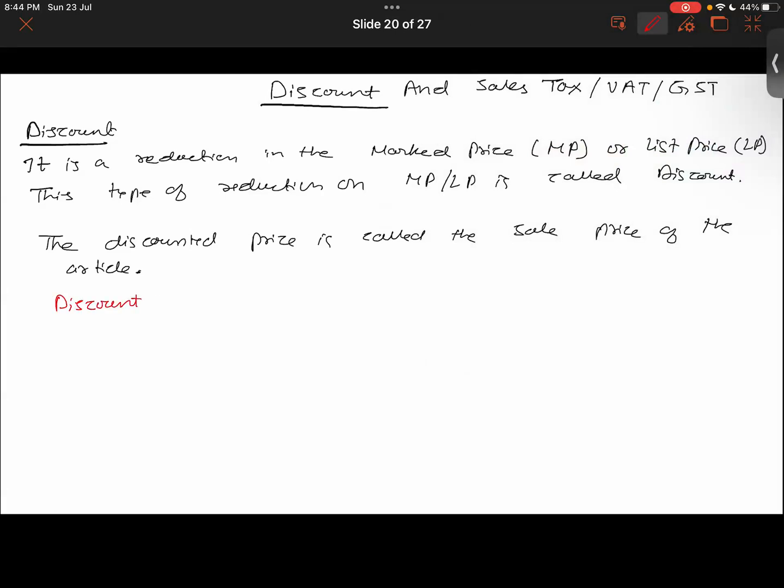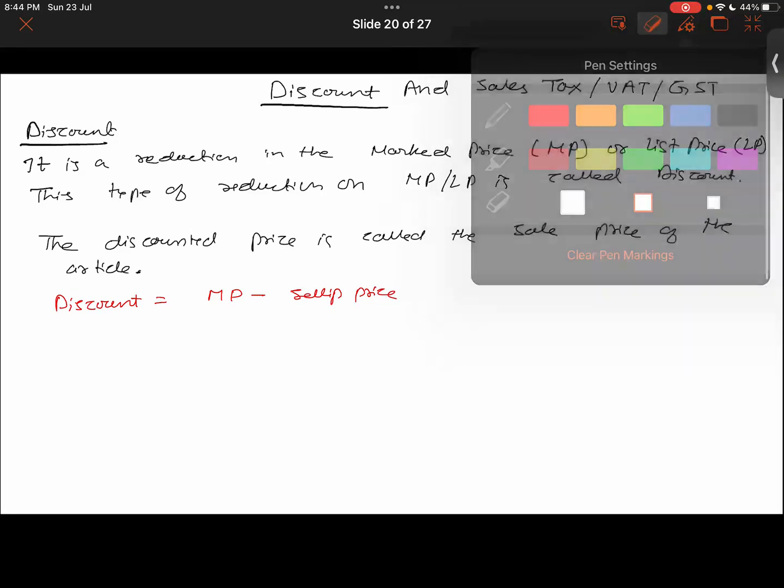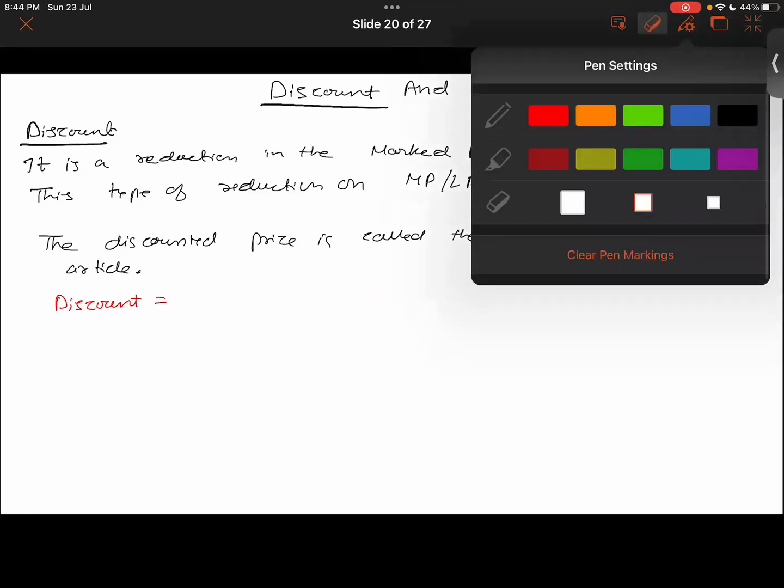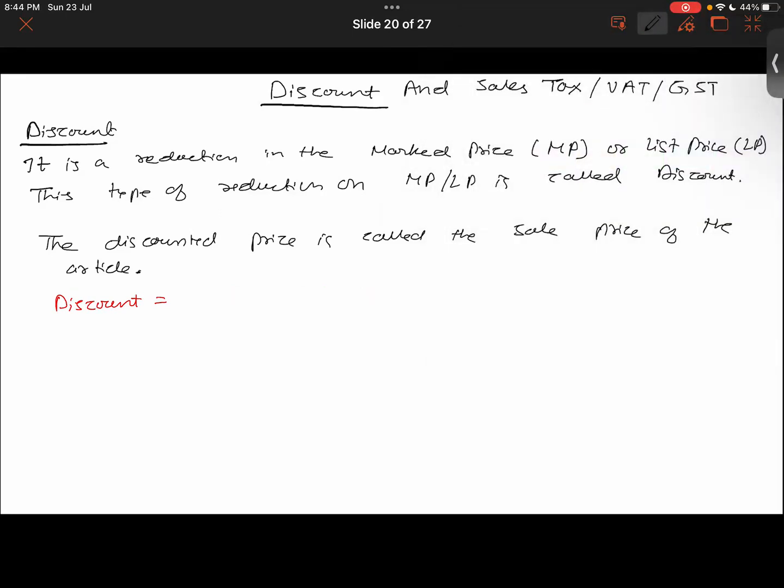The MP divided by LP. Not divided. Mark price minus selling price. Okay, let me write it clearly. Think of this now. Discount, how do you calculate it? Mark price, let's say 150 rupees, is written on the price. So the company says that there's a discount of 10% over here.